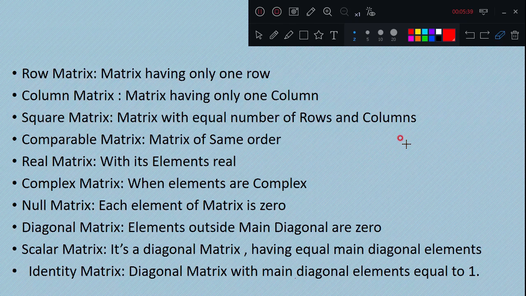Diagonal matrix. A diagonal matrix is a matrix in which the main diagonal elements are non-zero and the rest of the elements are 0. Now what do you mean by main diagonal elements?